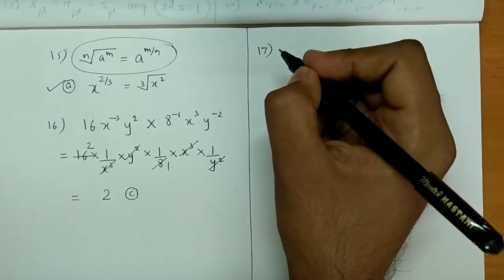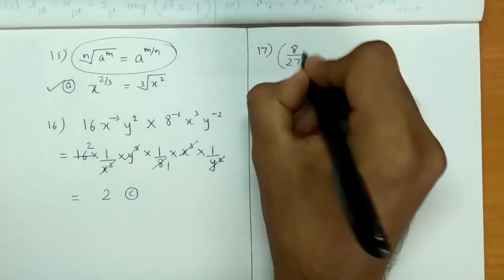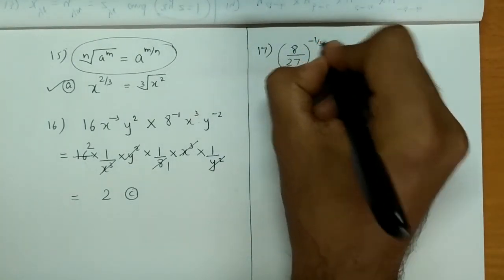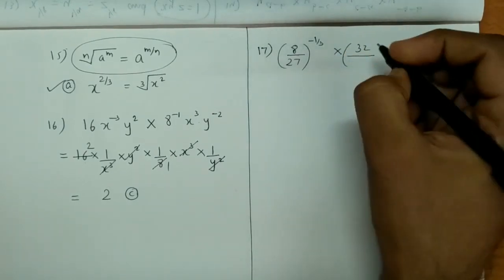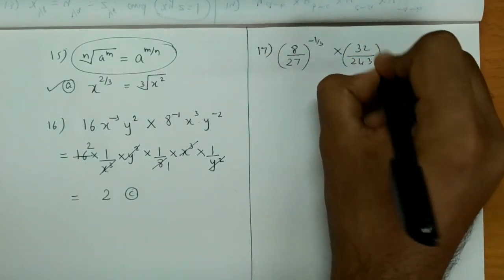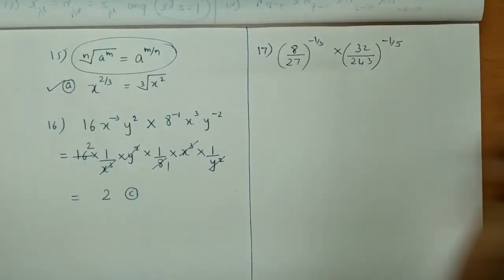Question 17 है, what is the value of 8 upon 27 raised to minus 1 by 3 into 32 upon 243 raised to minus 1 by 5.